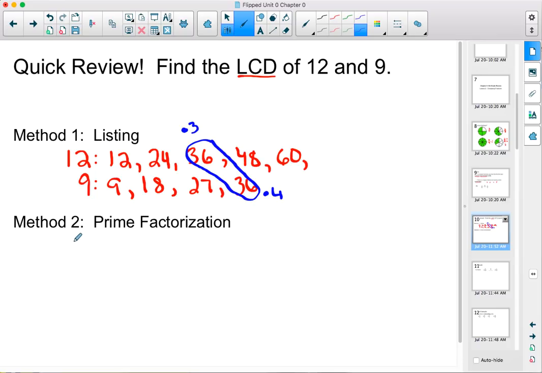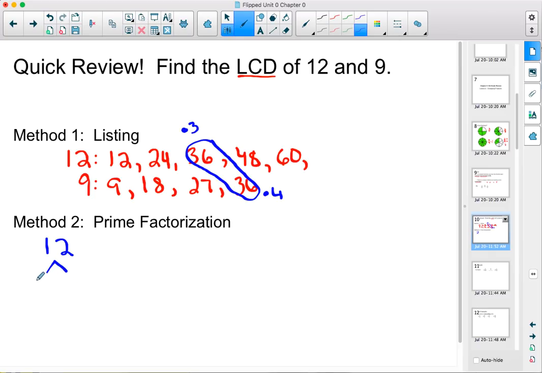Really quickly, let's take a look at the second method, the prime factorization method. Prime factorization is when we write numbers as little multiplication problems, and we stop once we have figured out all the prime factors that need to be multiplied together to get us the number.